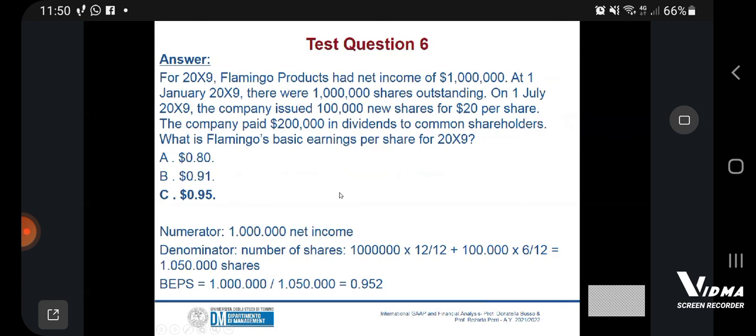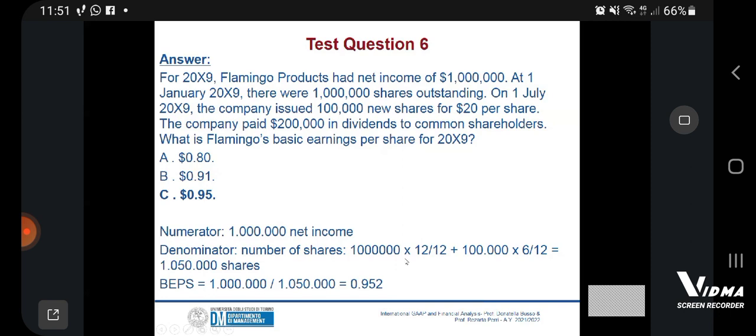So the numerator will be the net income, as I explained. Be careful, even though you have the dividends to common shareholders here, it doesn't mean that you have to deduct that. You have to take it into account only if it is the preferred dividend, remember. Whereas for the denominator, the number of shares, I follow this way of calculating. You can follow either one. It will give you the same result. So it is 1 million shares from the beginning to the end of the year.